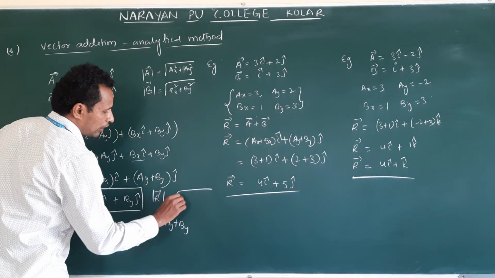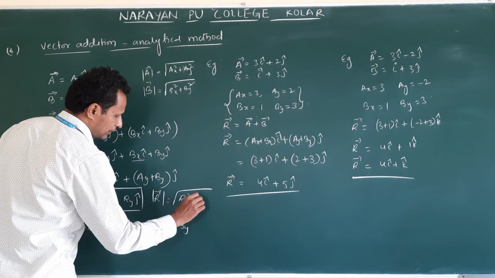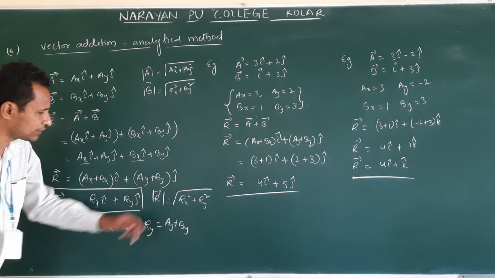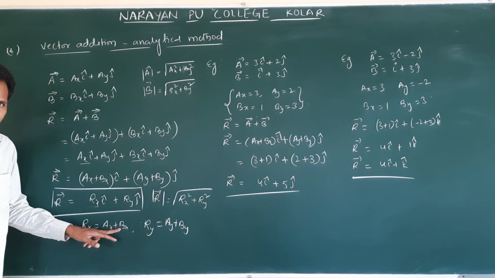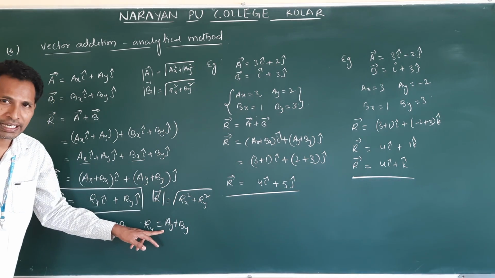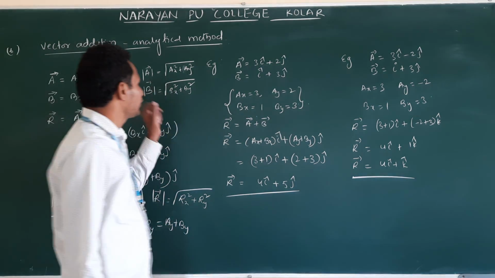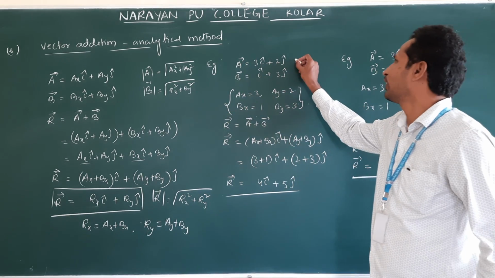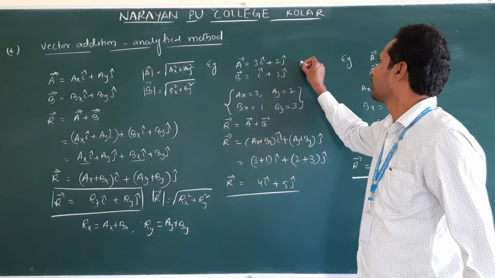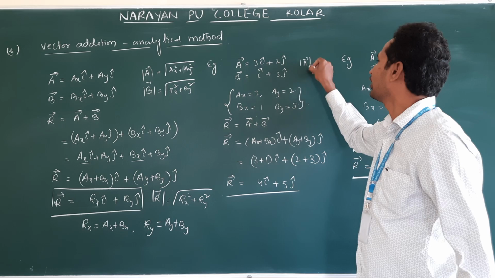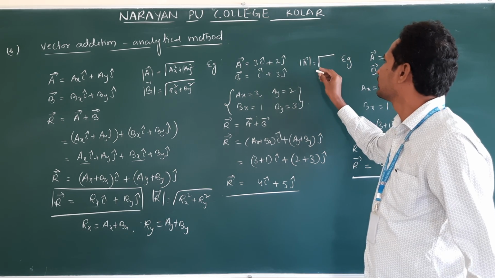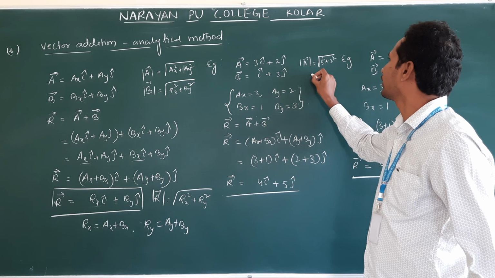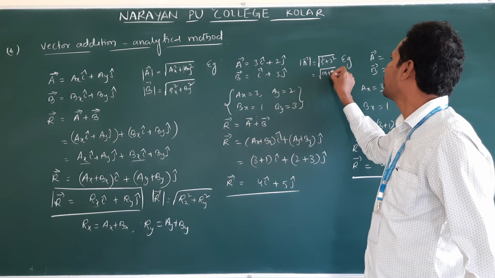Now this R magnitude, how do you write? Under root of Rx square plus Ry square. How do you get Rx? By adding Ax, Bx. How do you get Ry? By adding Ay, By. Now these are the formulas, already we have seen that. Then here, what is the magnitude of A? Under root of 3 square plus 2 square. This will be under root of 9 plus 4.